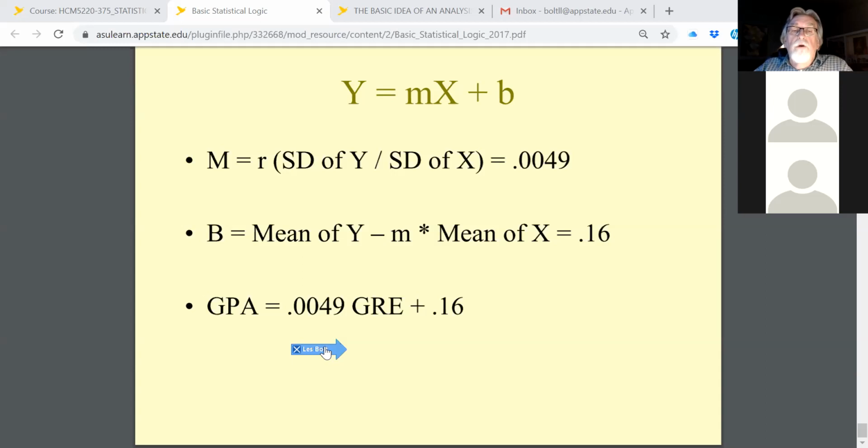So for a GRE of 500, I would predict a GPA of 2.61. And that's regression.